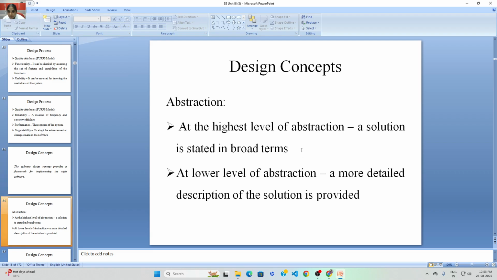Next, in design concepts, abstraction: the highest level of abstraction, then lower levels. In the higher level of abstraction, the solution is stated in broad terms. In the lower level, a more detailed description of the solution is provided.